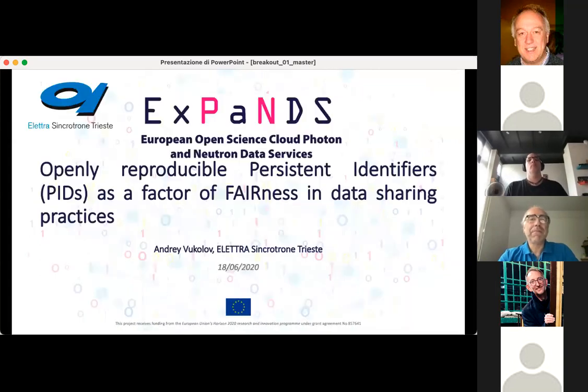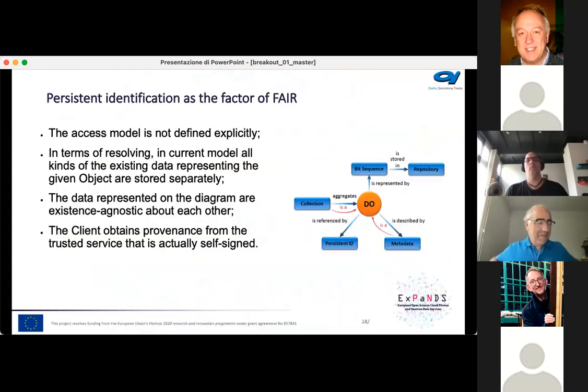So my name is Andrey Vukolov. I am from ELETTRA Sincrotrone Trieste working alongside the EXPANDS project. Next slide, please. In this presentation I should highlight the problem that we discovered several weeks ago, closely connected with the previous presentation: the access model via PIDs to the data objects stored in the cloud is not defined explicitly, and the data and metadata dedicated to a single data object placed into the cloud are existence-agnostic against each other.